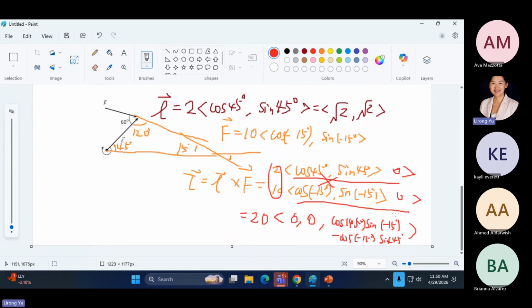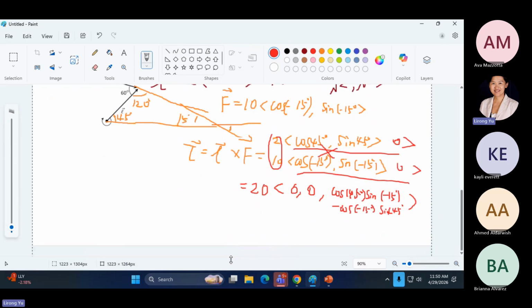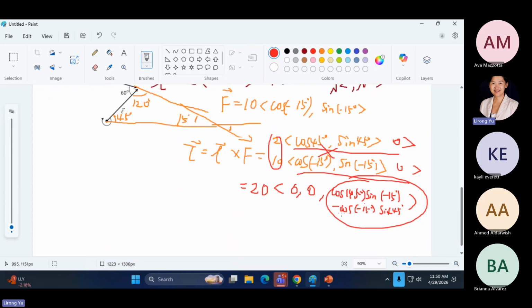Right, so I leave this part there because it fits into a subtraction angle calculation. When you have cosine A sine B minus cosine B sine A, that is a subtraction angle formula.